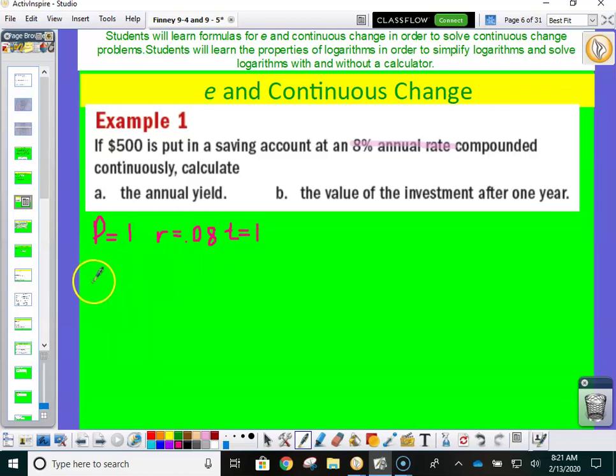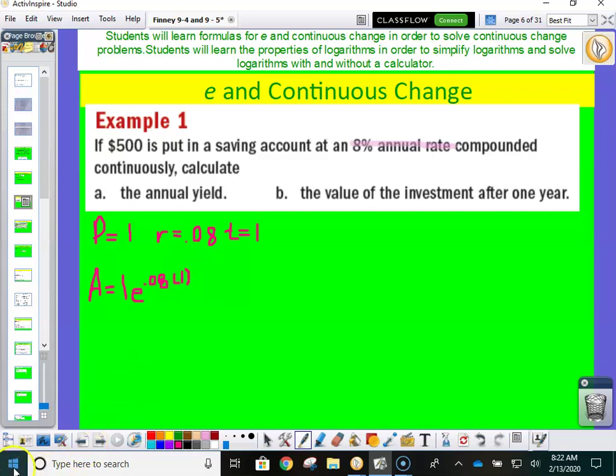So all we've got to do to figure out our annual yield is use our PERT formula with P being 1. So we've got 1 times E to the 0.08 times T. And in our case, our T is 1.